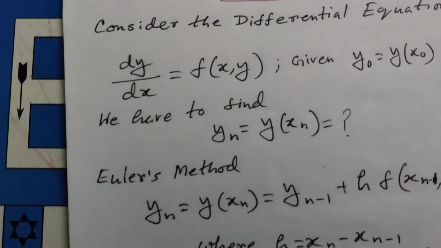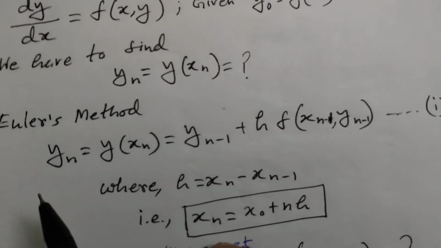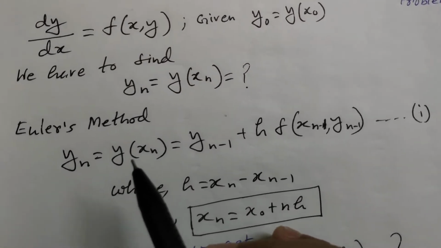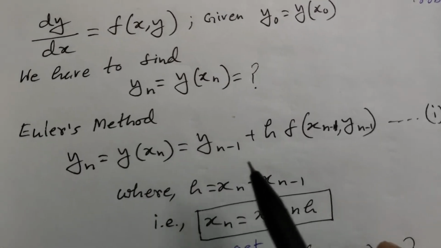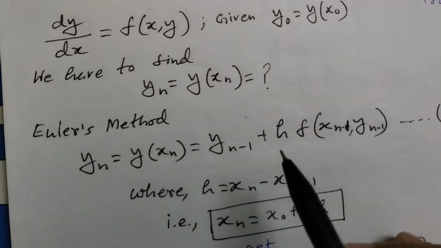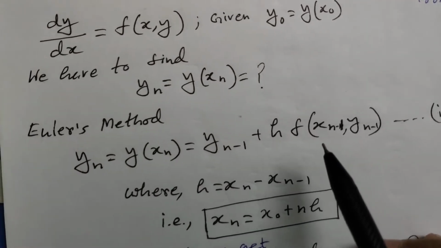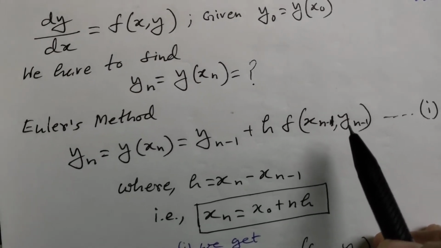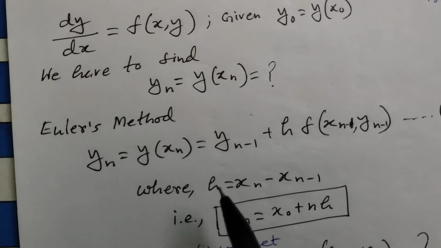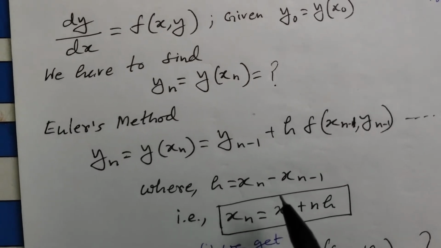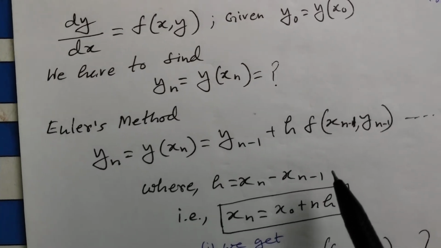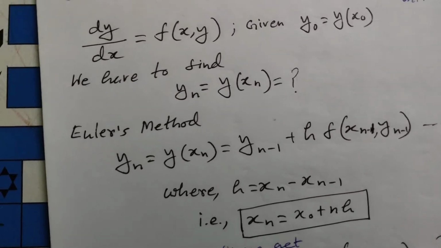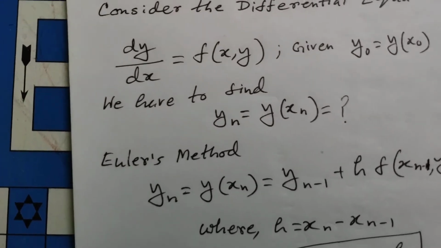According to Euler's method, we have yn equals y(xn) equals y(n-1) plus h f(x(n-1), y(n-1)), where h equals xn minus x(n-1), that is xn equals x0 plus nh.